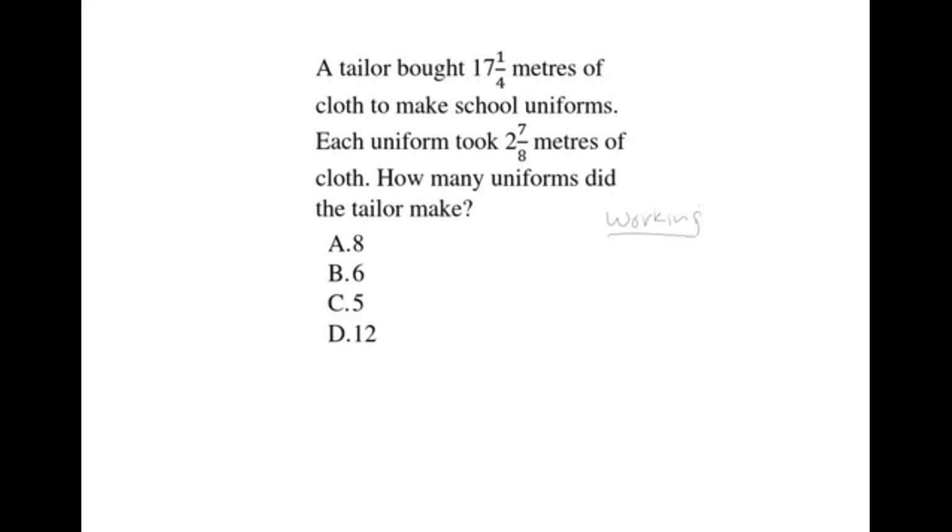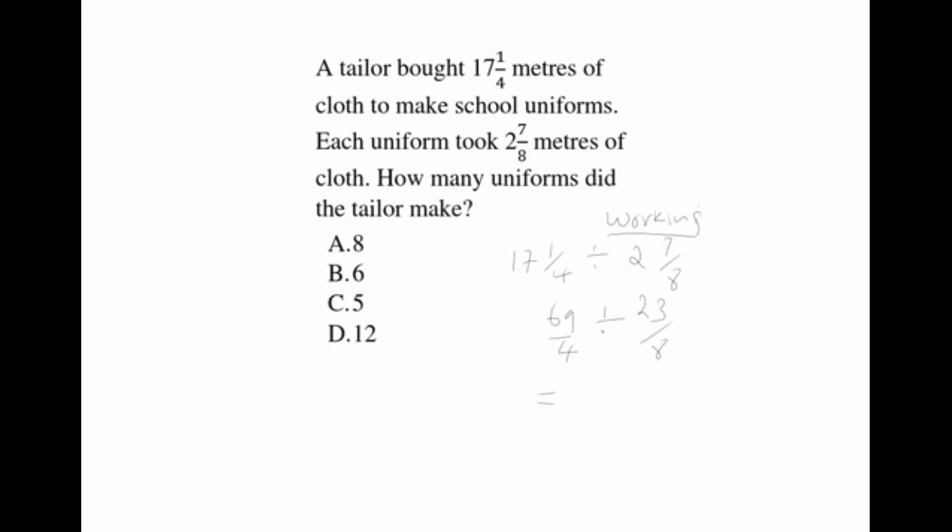To get the number of uniforms, you take the length of the cloth that was used to make the uniforms and divide by the length each uniform will take. So this is 17 1/4 divided by 7/8. 17 times 4 is 68 plus 1, 69/4. Divided by 7/8: 2 times 8, 16, plus 7, that is 23/8.